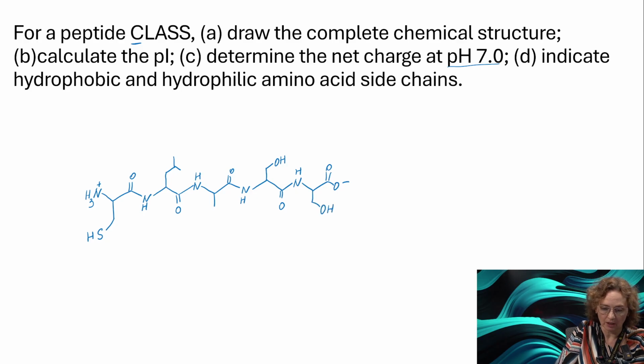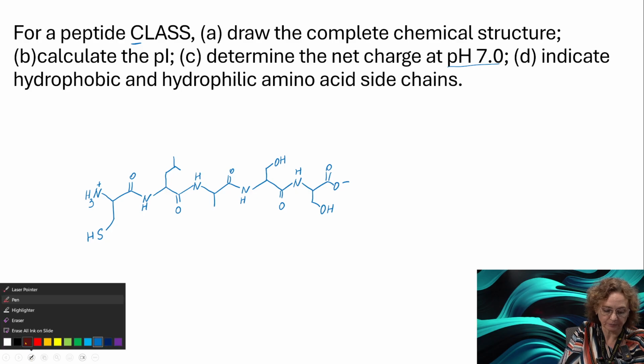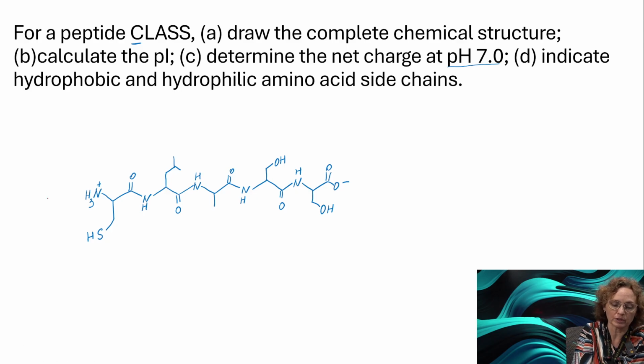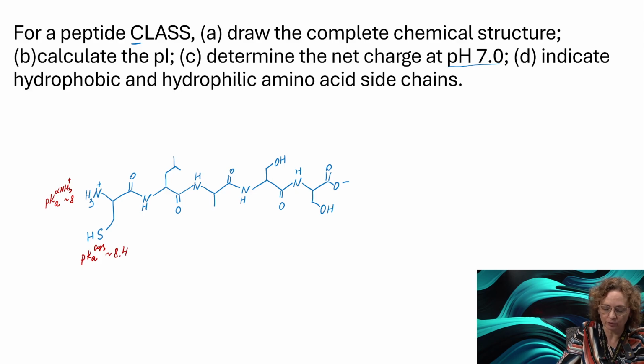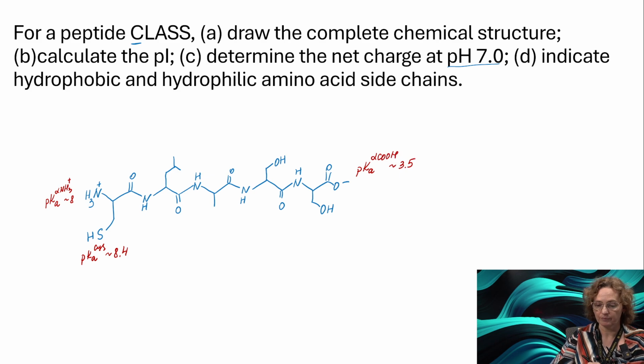So here, the only ionizable groups will be the alpha amino group with a pKa of 8, the side chain of cysteine with a pKa of 8.4, and finally the alpha carboxyl group with a pKa in peptides of 3.5.